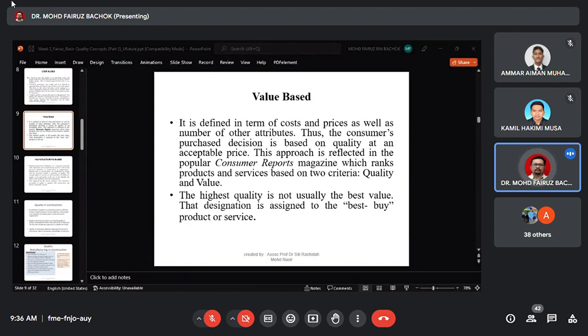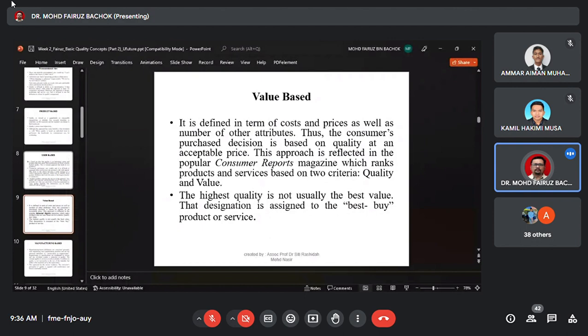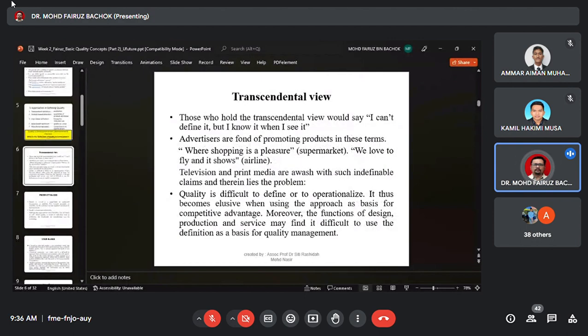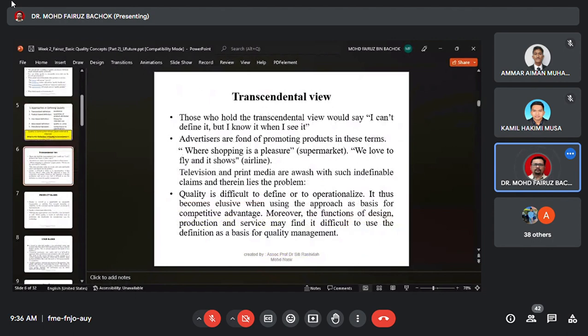I want to ask your opinion. Since you understand the concept of the five approaches in defining quality, if you are going to sell or to produce a medicine, which approach are you going to use?